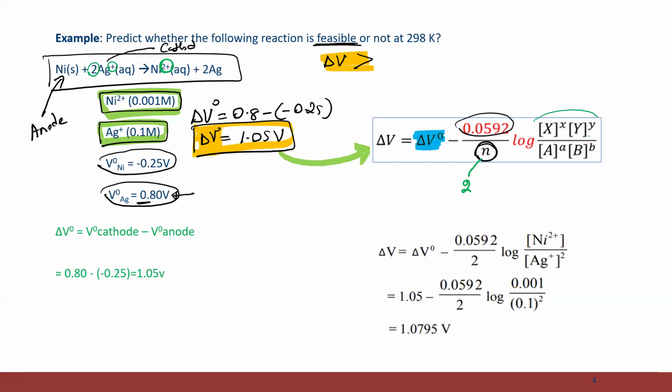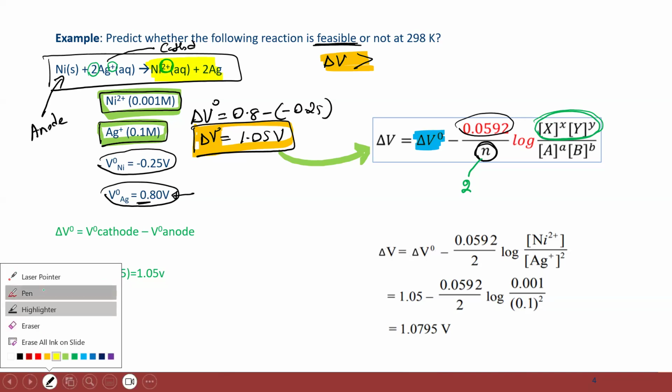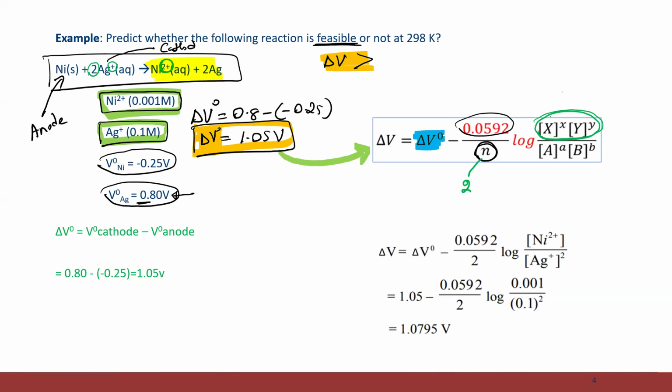And here X and Y are your outputs. If you look at your reaction, when you look at the concentration, we talk about the concentration for the aqueous media. So there is only one ion. What is the ion we have? We have the nickel, isn't it?